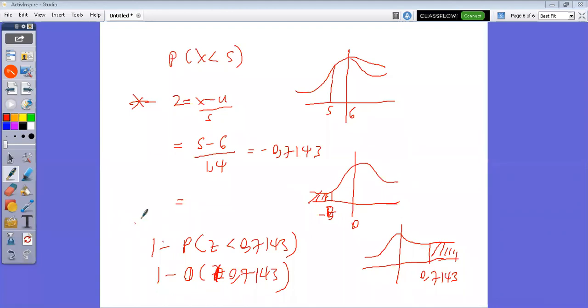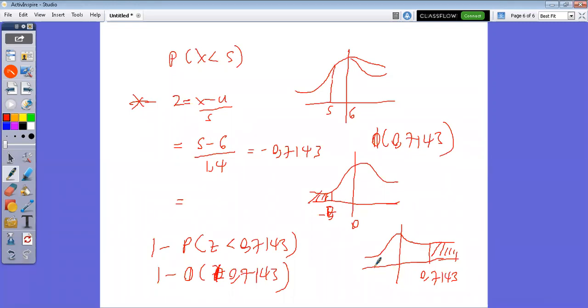I want you to find phi of 0.7. Everyone should now know how to do that quickly using the probability tables. I think there's also a way to do it, so go and research how to find it on a Casio calculator. You can do that, I'm sure. They also have those tables.